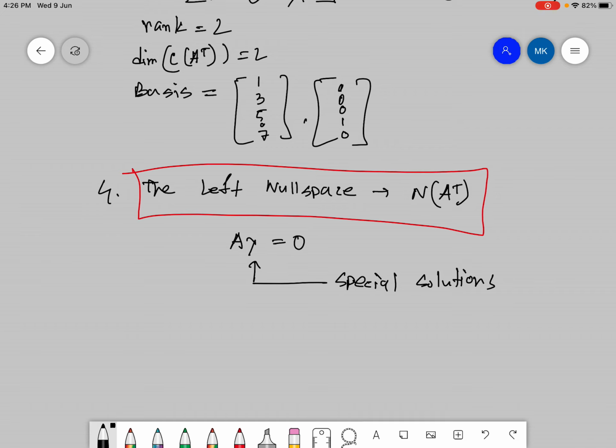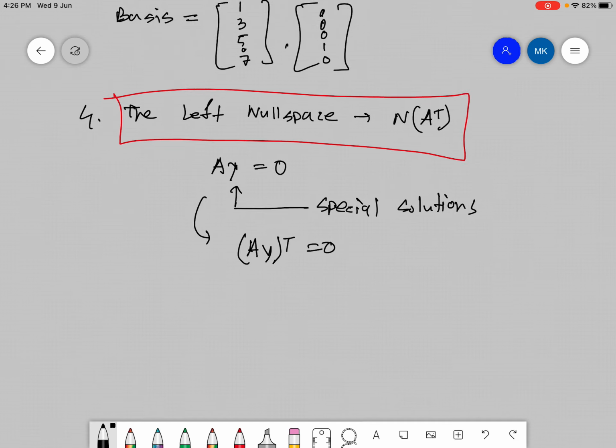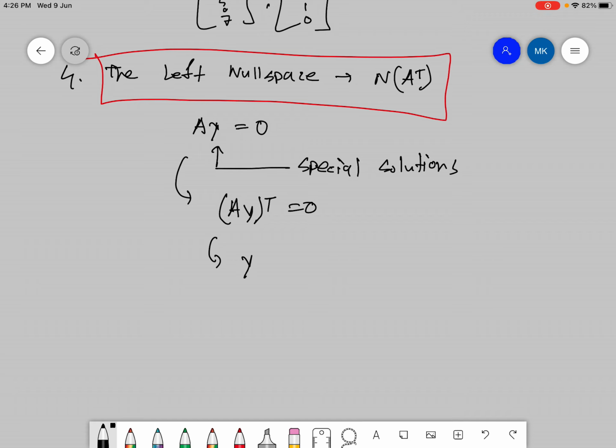so now if you transpose the whole thing, then you'll get y transpose and you'll get the A transpose here. The orders are changed here from the rules of matrix multiplication. Okay, so this is also 0.